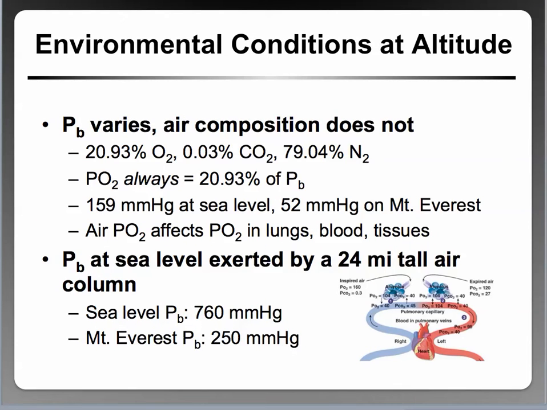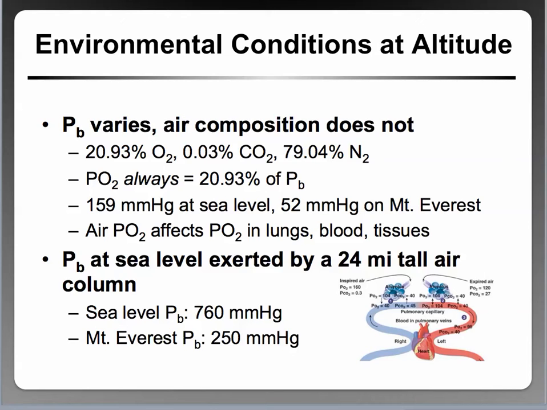All right, so we need to talk about something, and it's a common saying. A lot of times if you go to Denver, you're going to hear, oh, the air is thinner, and that's why it's harder to breathe. It's actually a little misleading. The barometric pressure, as you can see there, changes, but the actual composition of the air does not.